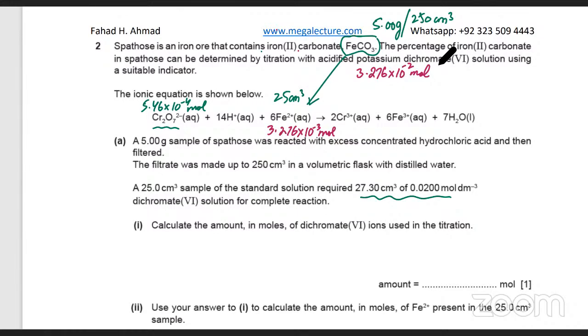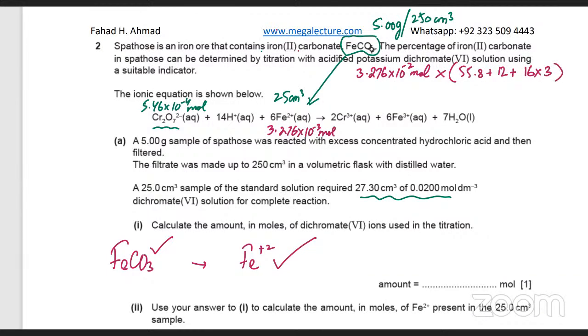Last thing: one FeCO3 produces one Fe ion, so the moles of Fe ions and FeCO3 are exactly the same. Multiply by the MR, Fe 55.8 plus 12, and you'll get the mass of FeCO3.